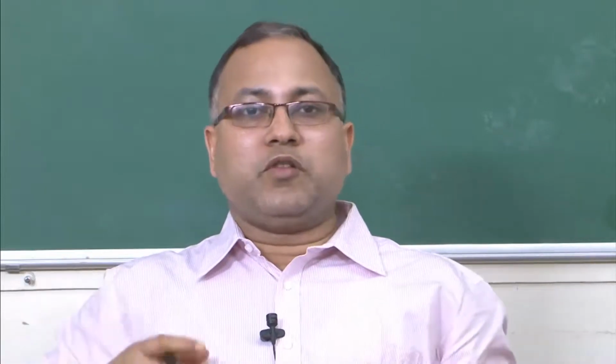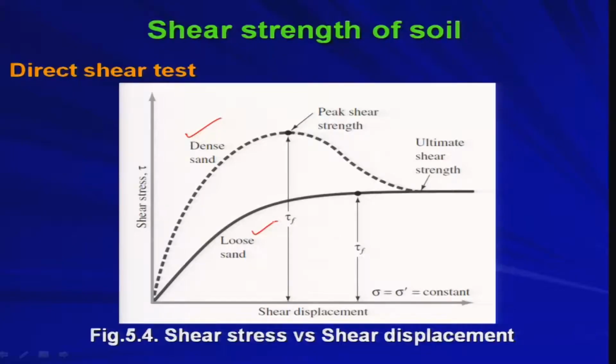Now, if you try to find out the shear stress versus shear displacement relation in dense sand and loose sand, you will get a relation like that. For dense sand, first it will increase, it will reach the peak, and then it will fall and become almost constant. Whereas in case of loose sand, it will increase continuously and reach the constant part, the ultimate part.